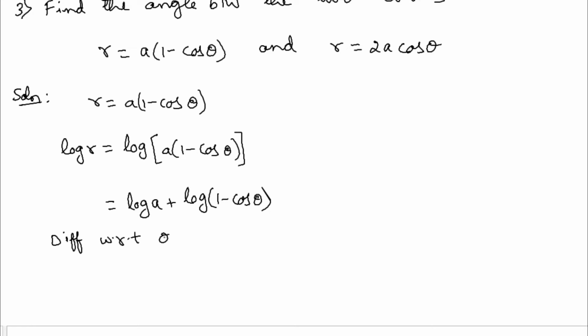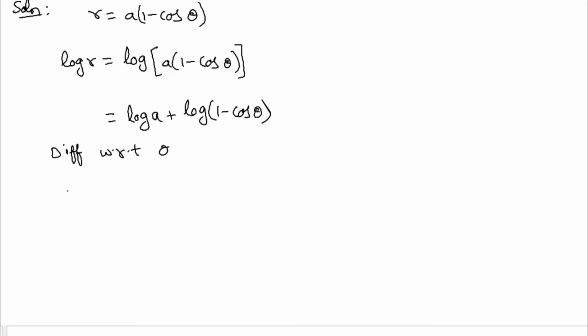The derivative of log of r will be 1 by r dr by d theta, equal to log of a, whose derivative is 0, plus 1 by 1 minus cos theta into the inner differentiation of 1 minus cos theta. The derivative of cos theta is minus sin theta, so minus of minus becomes plus, and we get plus sin theta.